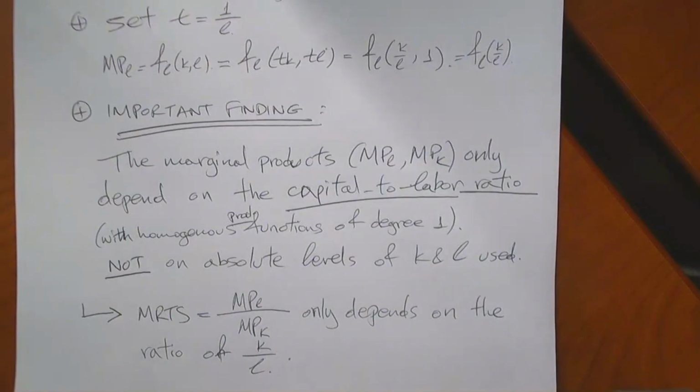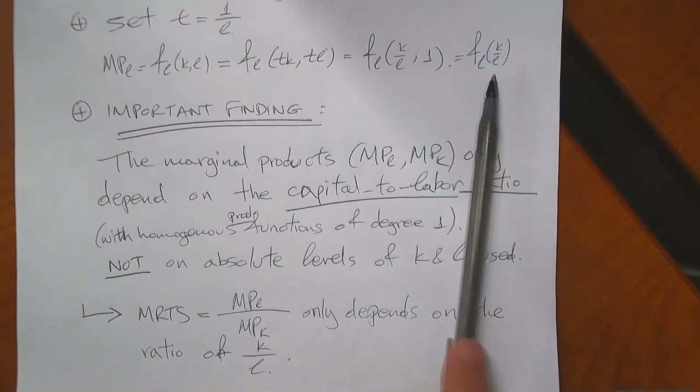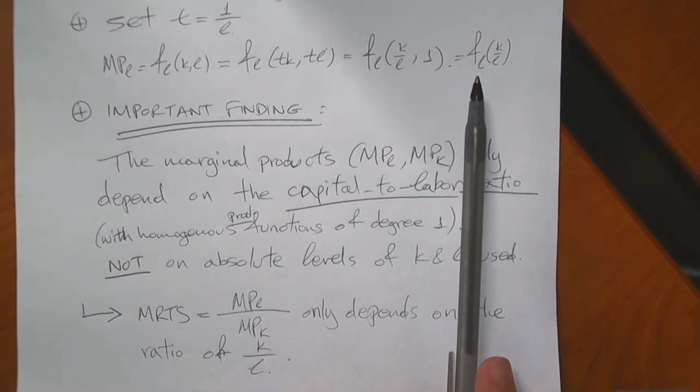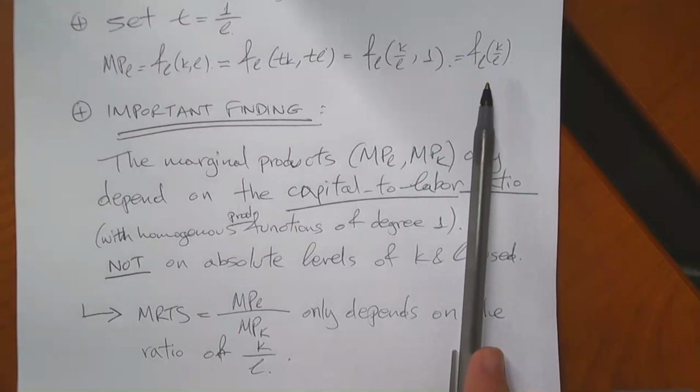So we started with homogeneous functions of degree 1. We like those, constant returns to scale. We look at the marginal products, homogeneous of degree 0. Why do we care? Because that means that if they are homogeneous of degree 0, each of these marginal products only depends on the ratio of capital and labor, not the absolute amounts of capital and labor in the calculation, right?